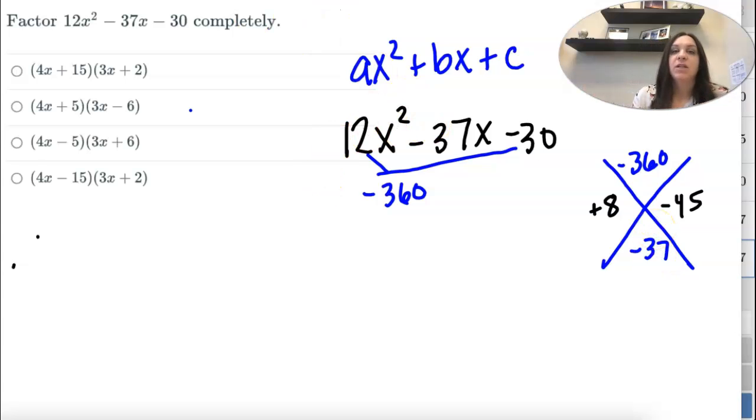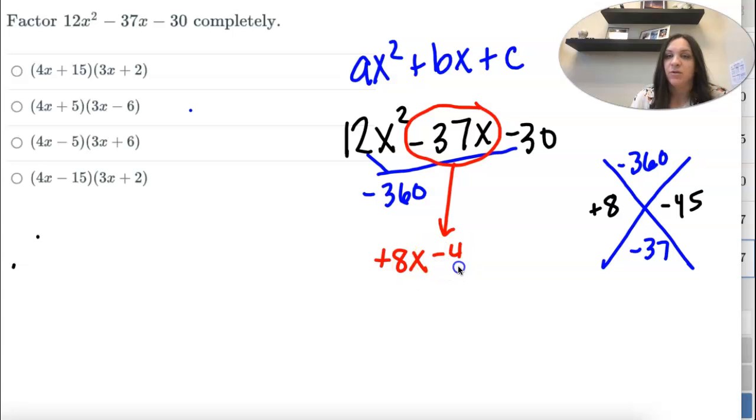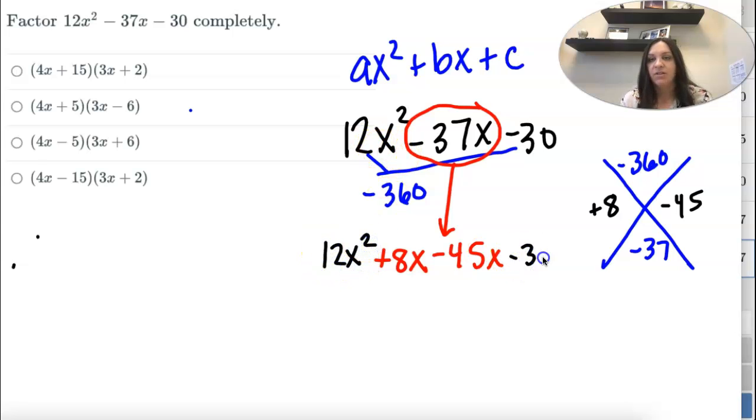Okay, so what I'm going to do is rewrite this part with our new numbers. Instead of negative 37, I'm going to write positive 8x minus 45x. And then the 12x squared stays, and the negative 30 stays. So all I did was rewrite the middle.